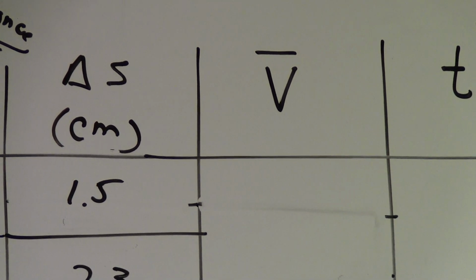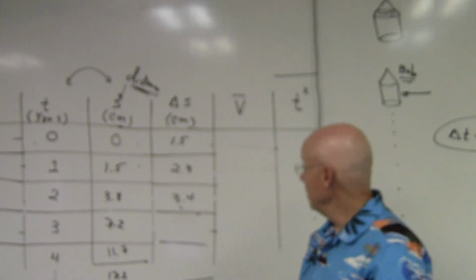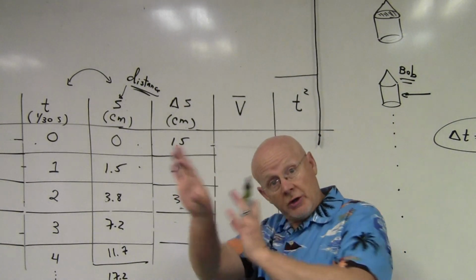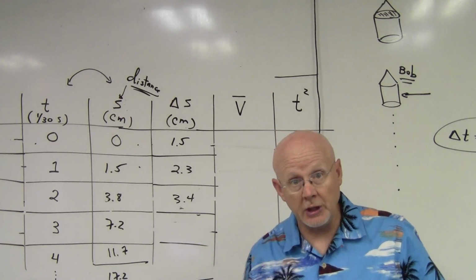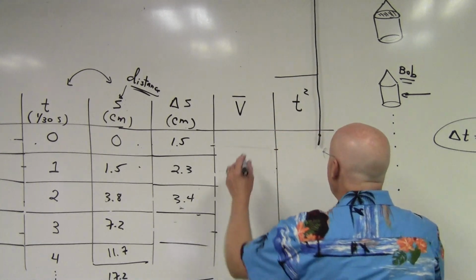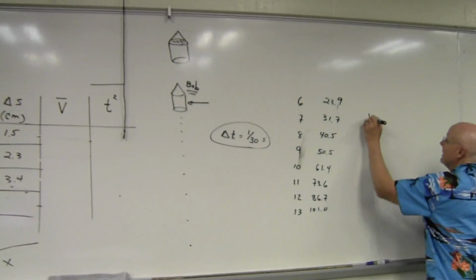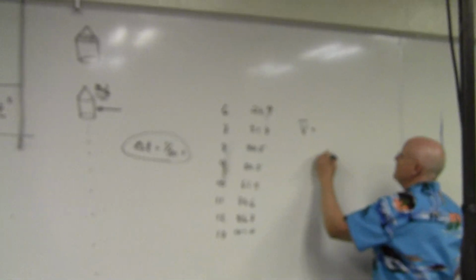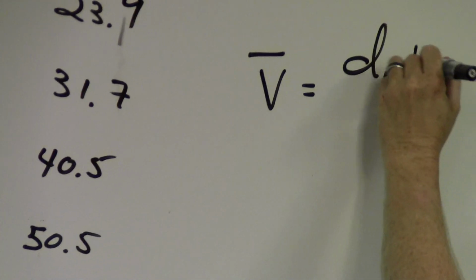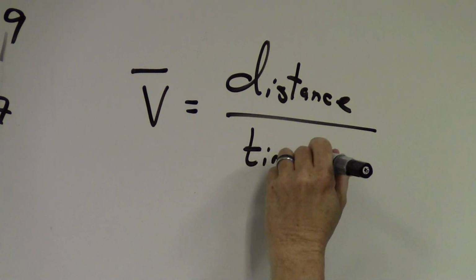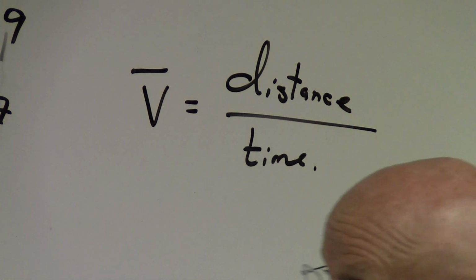And so we'll just take the distance and divide it by time. That's why I wanted you to watch the lecture on this before you get started, because if we're looking at the average velocity, we just take the distance between those 2 points and divide it by the time between those 2 points.